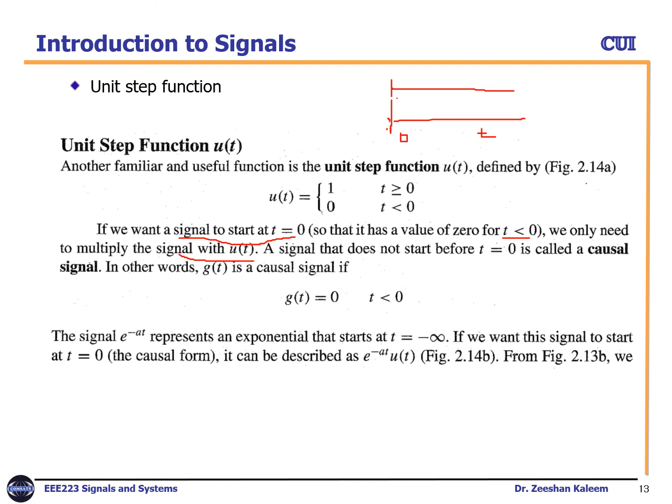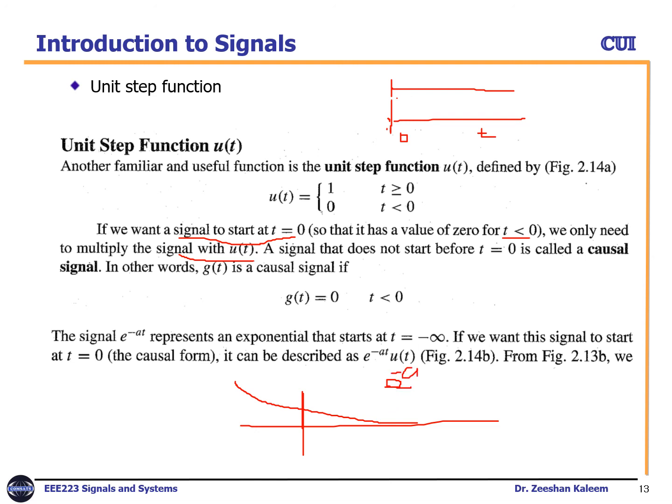So what is the importance of u of t? Whenever you have a signal, for example something like this, and you just want the signal to start from here, what you will do is multiply the signal. For example, this is e to the minus at.